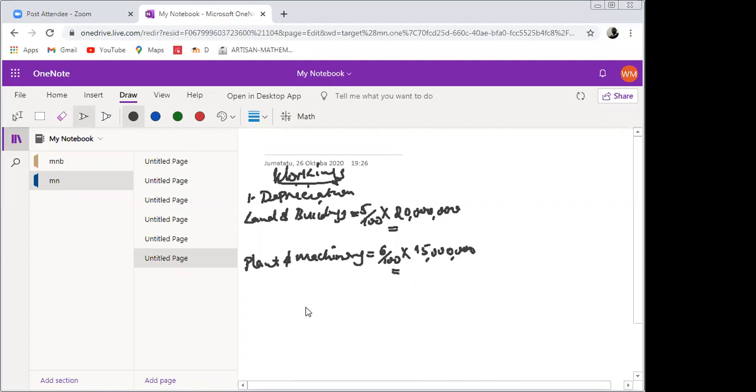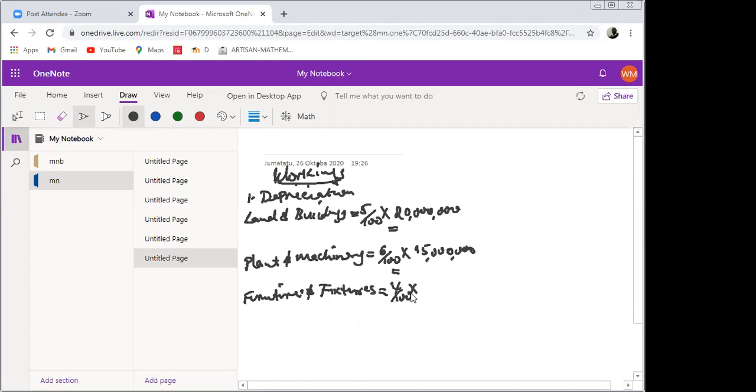You get that. Then we have the depreciation on furniture and fixtures, which you are being told you calculate at 4%.